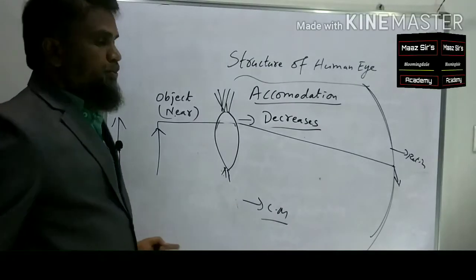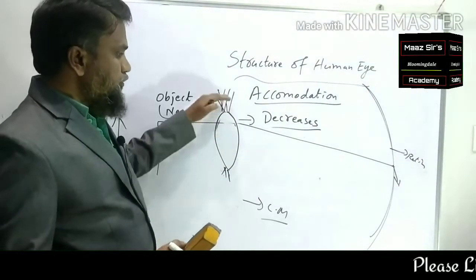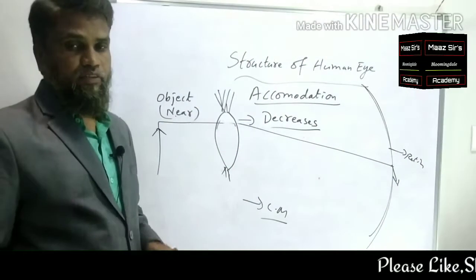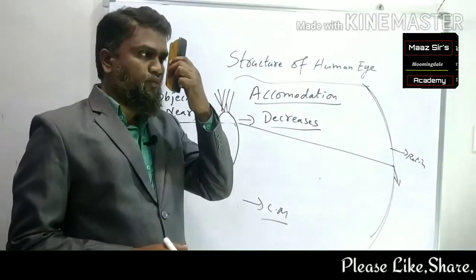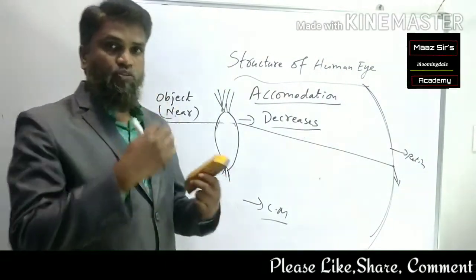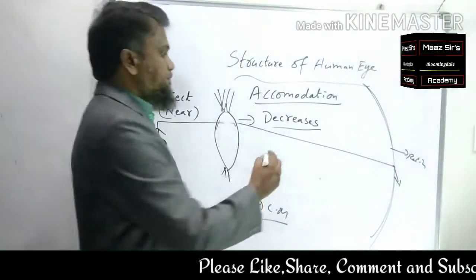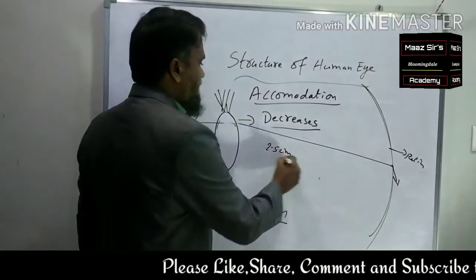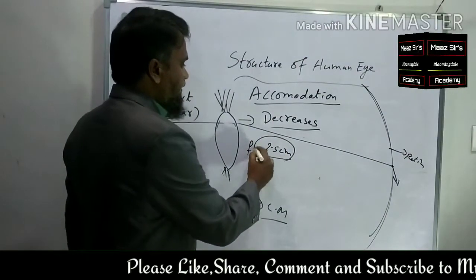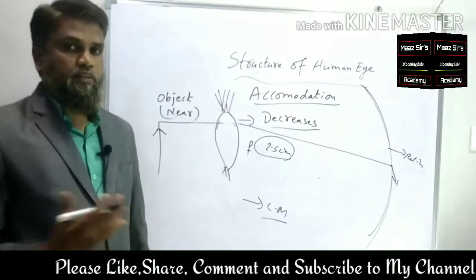Some students may have some doubt about to what extent this focal length can be adjusted. For example, if the object is very near to me, can the lens inside my eyes adjust its focal length? No. It has a maximum limit of 2.5 centimeter. Apart from that, it can't adjust.